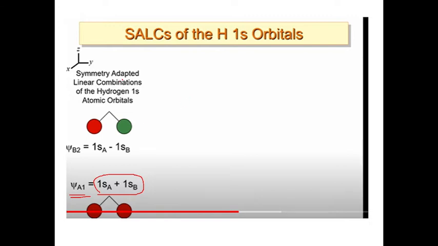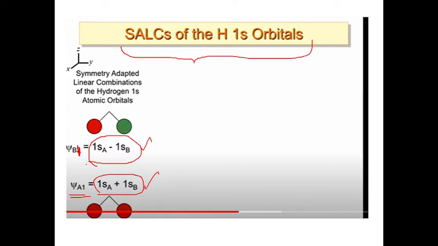The other one is B1 symmetry, because it can interchangeably be B1 or B2, that doesn't matter. Exactly similar to B1 minus B2, you have here psi of 1s A minus 1s B. So here we have the two different SALCs of the hydrogen 1s orbitals: this is the combination and this is the difference.